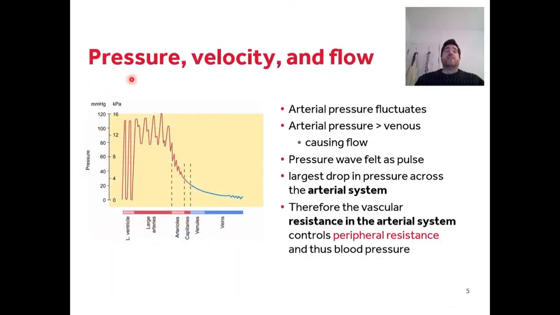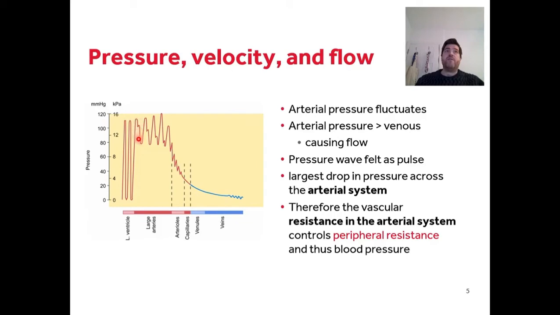Okay, so this is back to a graph that I've previously shown, and it's showing just the pressure across the cardiovascular system. If we look at the pressure in the ventricles, we can see it varies wildly from very low pressure during diastole to very high pressure during systole when the heart is contracting.